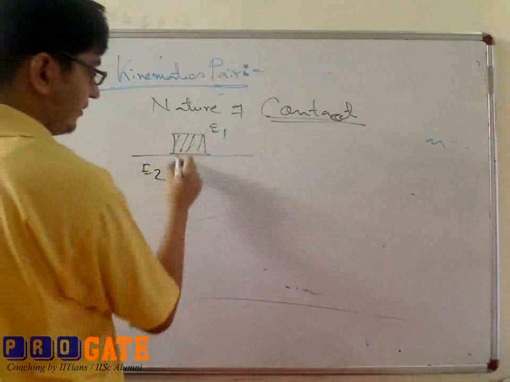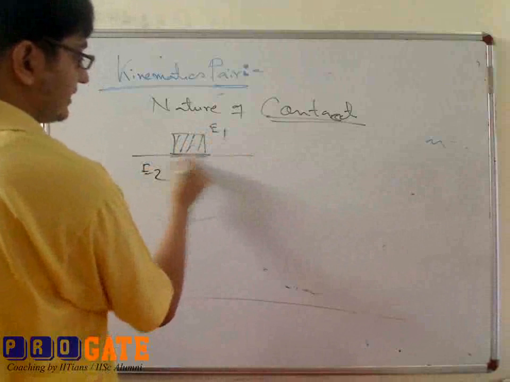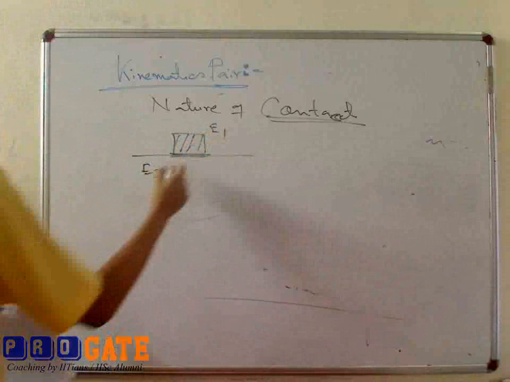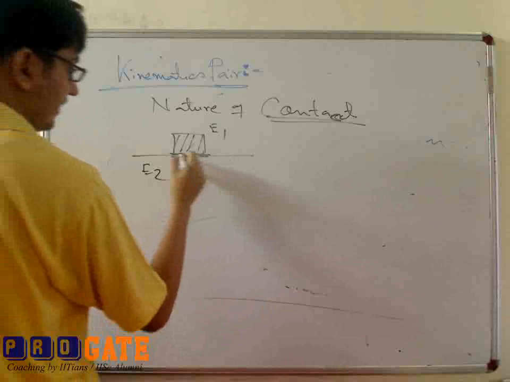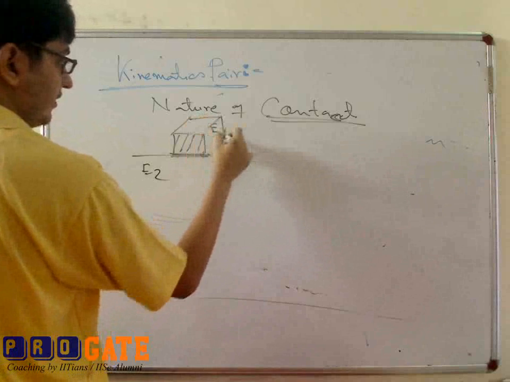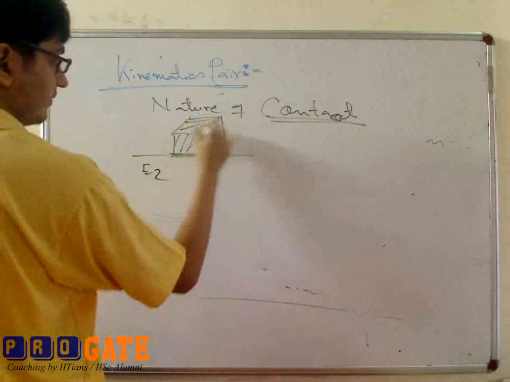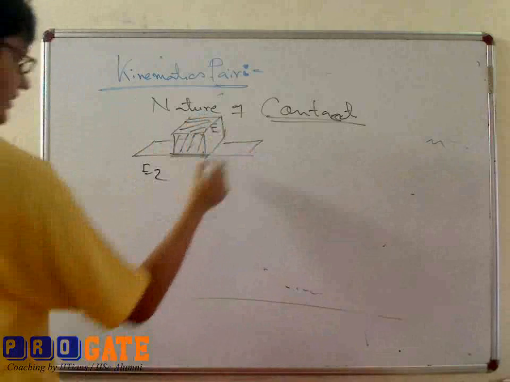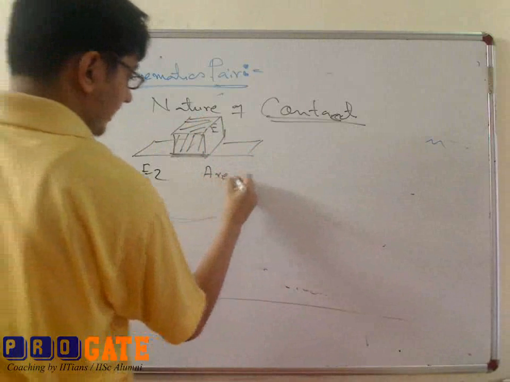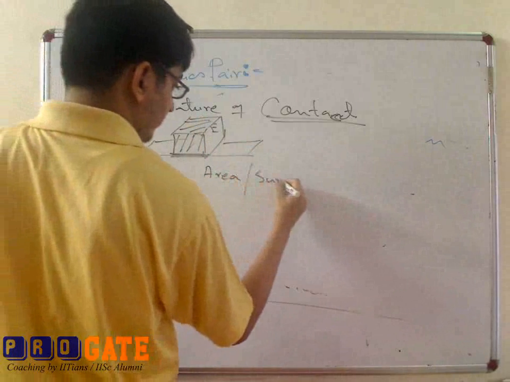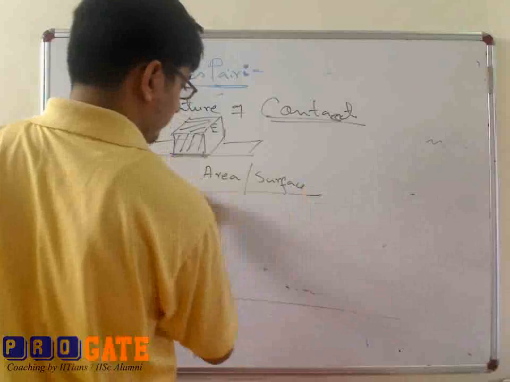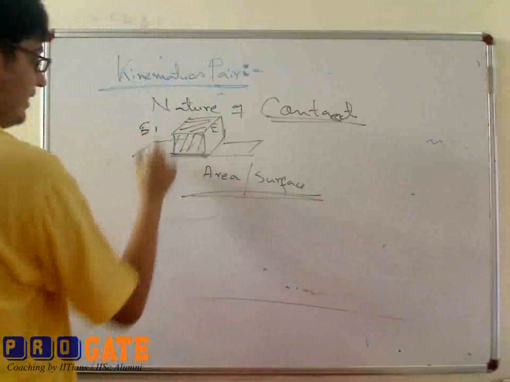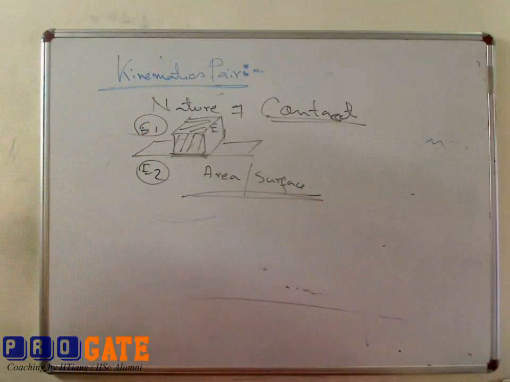In between these two elements, this surface, this is basically the 3D case, this surface or area gets touched between the elements E1 and E2.